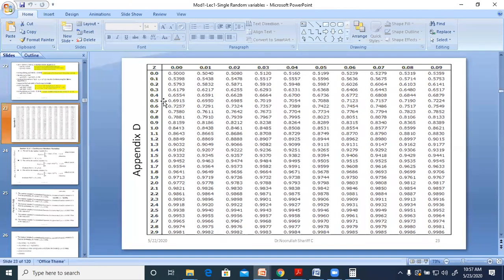Yes, 0.235: 0.2 is there here, 3 is there here, and 5 means exactly in between. In between means midway between these two, average of these two.